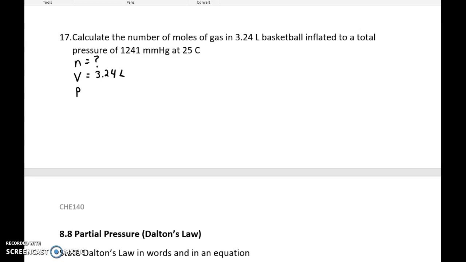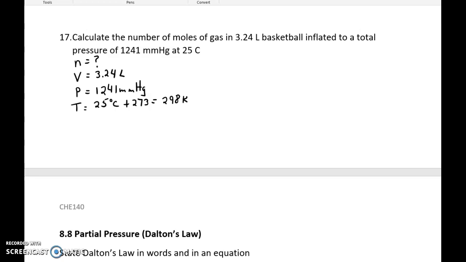We have a pressure of 1,241 millimeters of mercury. And we have a temperature of 25 degrees C. Well, the 25 degrees C, we're going to have to add 273 to that, and that will give us our 298 Kelvin. But we can't have pressure in millimeters of mercury.